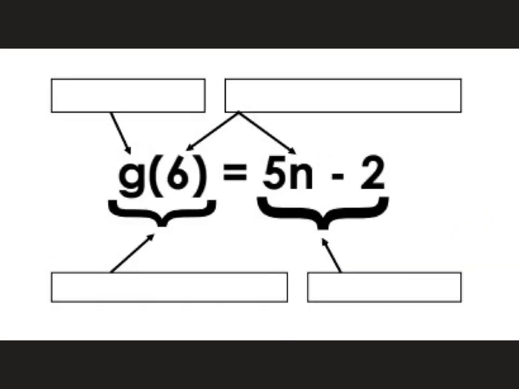Other function rules. So this one would be read g of 6, or we can also say that it's g of another number, whatever. If it were a variable, it could be g of n, whatever it is. This is our rule here. So the rule is 5n minus 2. So in this case, we would basically be substituting a 6 for n.